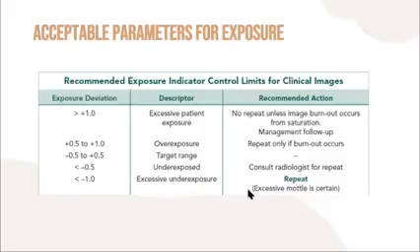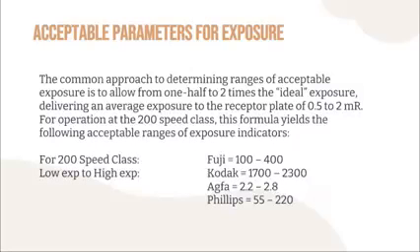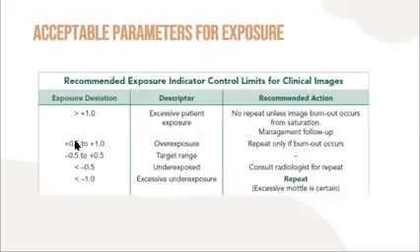Okay, so let's recap, because my explanation may not have been clear. Let's take for example Fuji again, whose range is 100 to 400. If that happens, 100 to 400 is the target range. The 100 is half the exposure, and 400 is double the exposure.